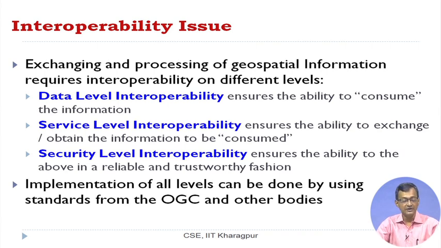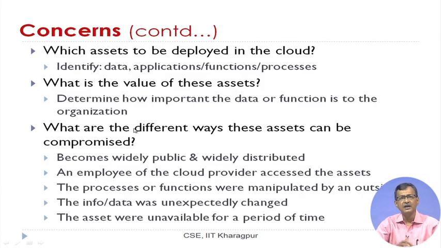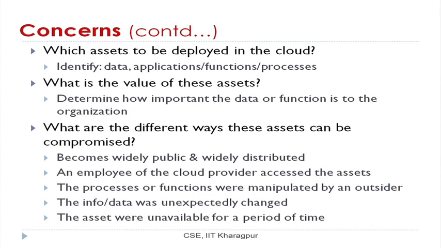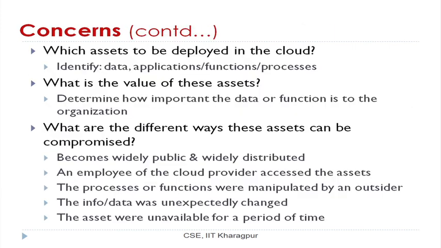The major security concerns are multi-tenancy, as with other things, and lack of complete control over data and application services. There are several other concerns: which assets are to be deployed on the cloud, what is the value of these assets, and in what different ways can an asset be compromised. So there are different types of concerns we need to look at.